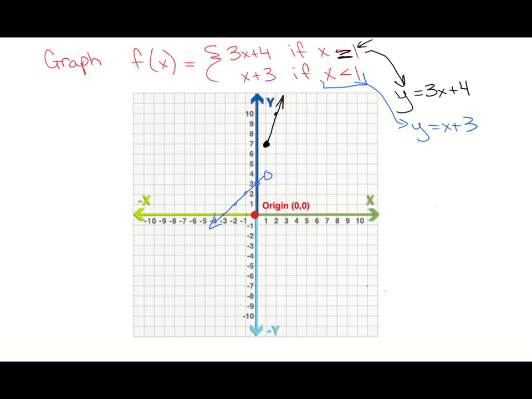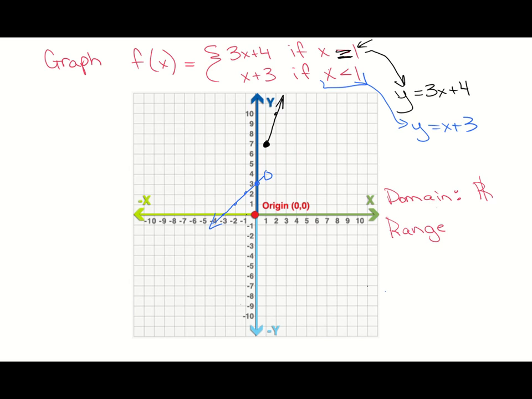Now let's look at the domain and range. Okay, so my domain, am I covering all the x coordinates? Yes. So my domain is going to be all reals because even where x equals 1, where it stops with the blue line, it picks up with the black line. Your range, on the other hand, has a gap. Can y'all see that? Your range has a gap right here. There's nothing there.